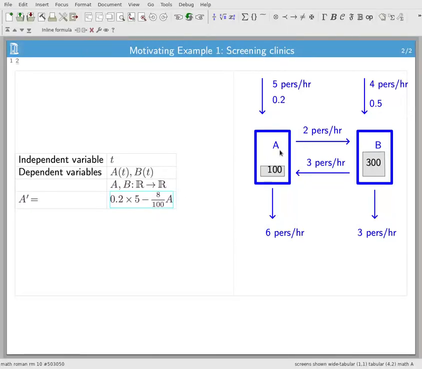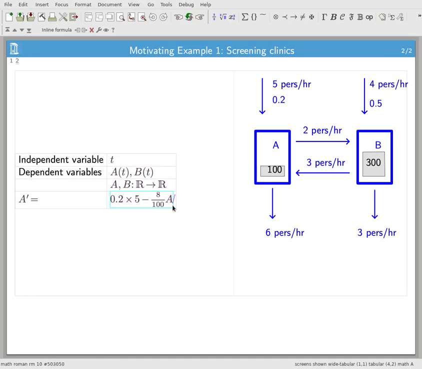Here you can think of the flux from A to B as denoting persons that need further screening, and the outflow from A, 6 persons per hour, as persons that actually need to be treated somewhere else, hospital for instance. From the point of view of clinic A, both of those are outfluxes, so this is going to be with a negative sign.